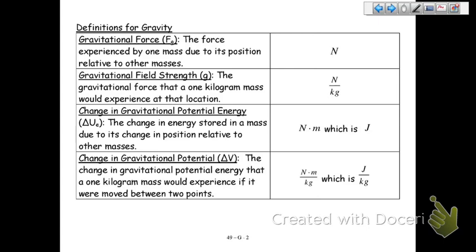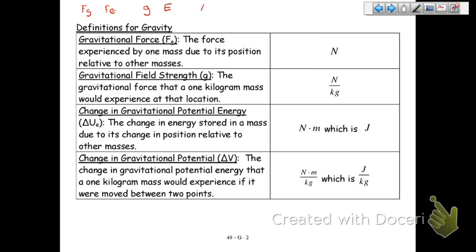So the first thing I think we need to do is make sure we have our definitions correct. And you know that I like analogies. So I'm making an analogy between Fg, the weight, and Fe, the electrostatic, or if you like, the electric force. I use both terms. I'm not sure which one's better. And then we have g, the gravitational field, and E, the electric field.